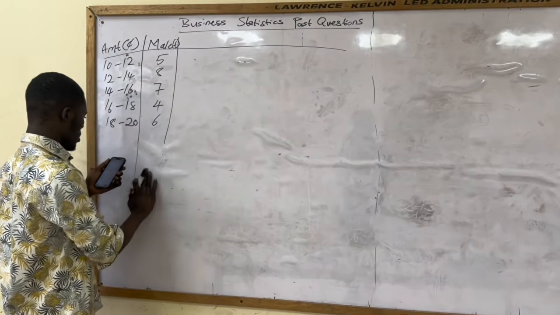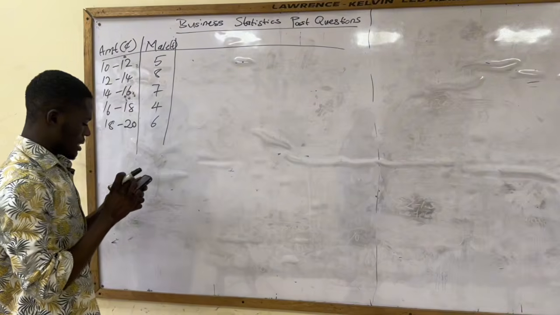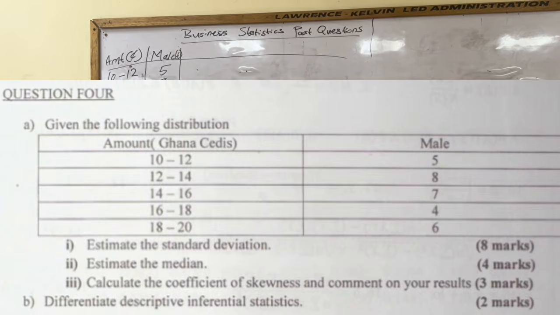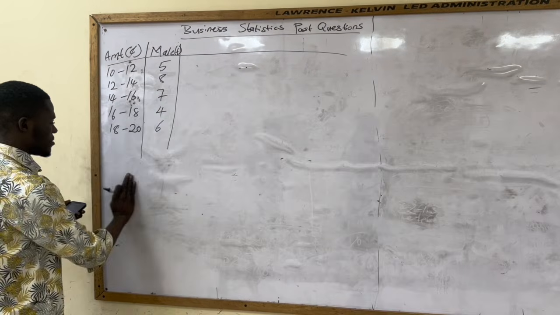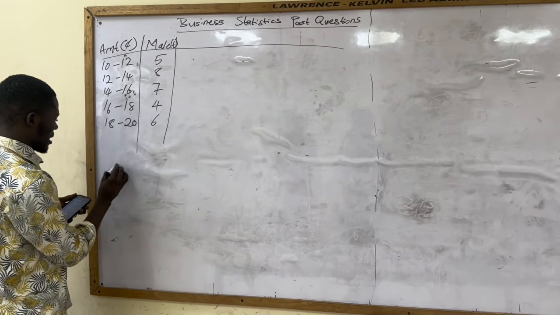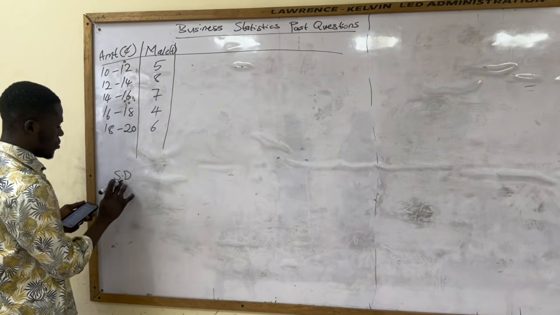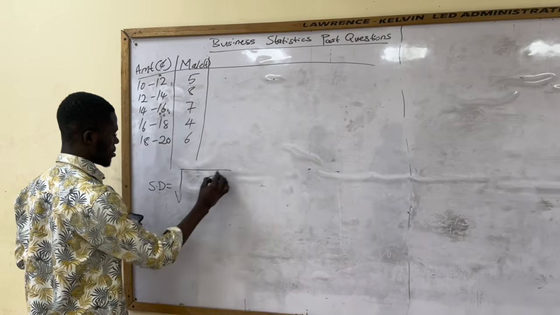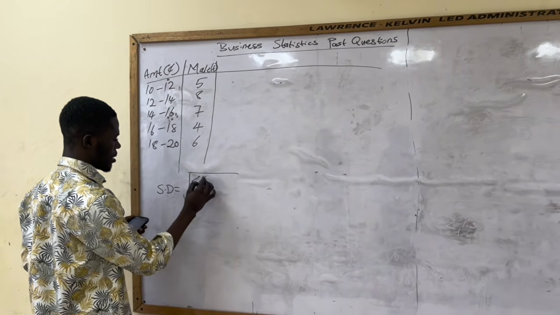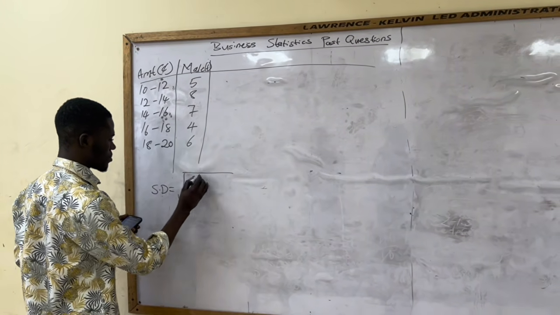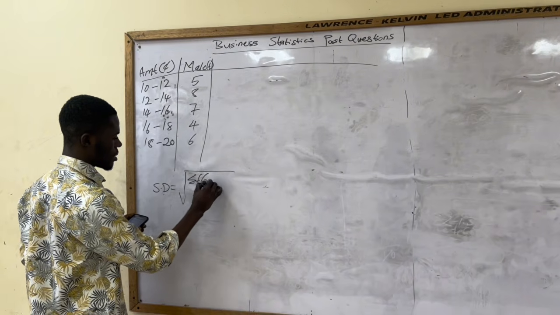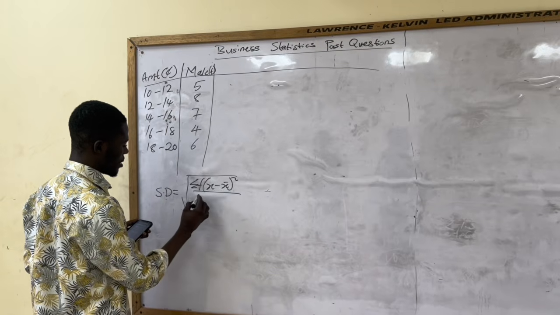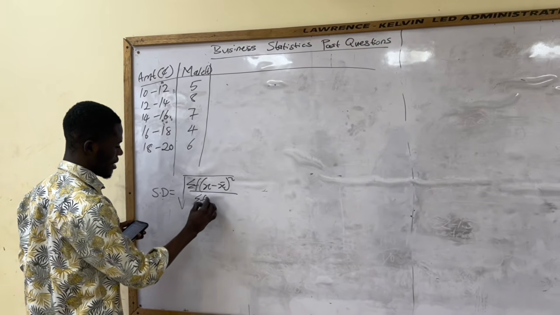Now, let's look at the questions under it. It says estimate the standard deviation. Okay, so let's state our standard deviation formula. Our standard deviation will be the square root of sigma f times (x minus mean) all squared, divided by sigma f minus 1.